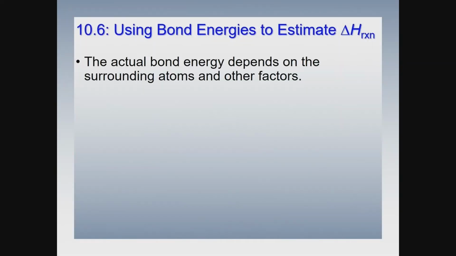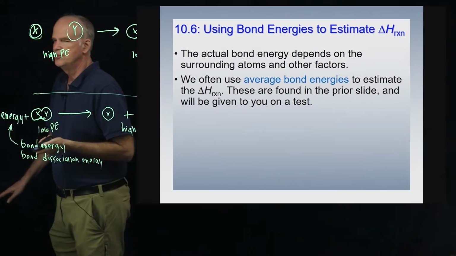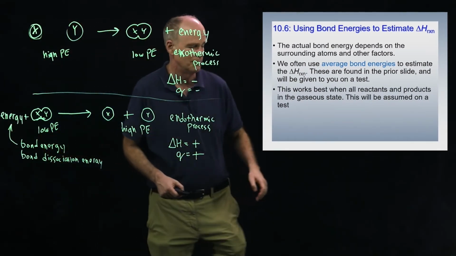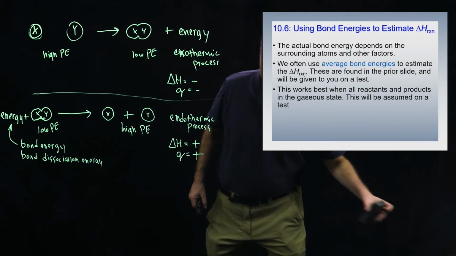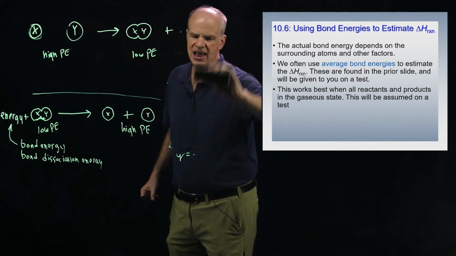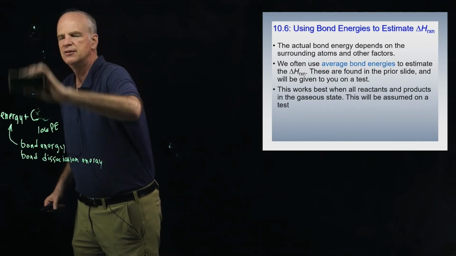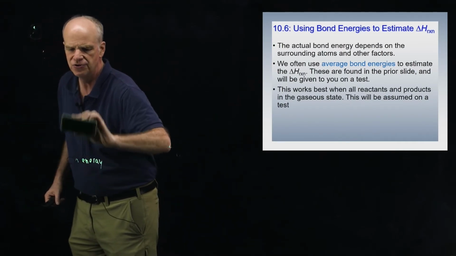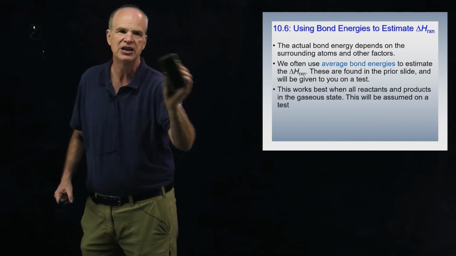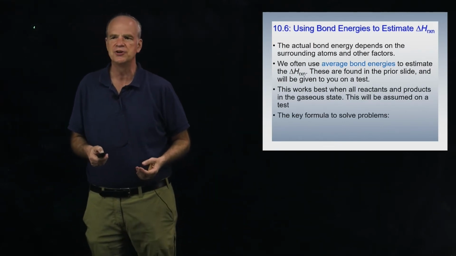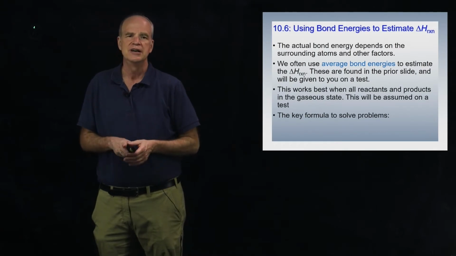One of the things you're going to have to do is look at a table of bond energies and calculate the change of enthalpy for a chemical reaction based on the values of bond energies you see in the table. I have some notes on how to do this, but I think I'll just go over an example problem.